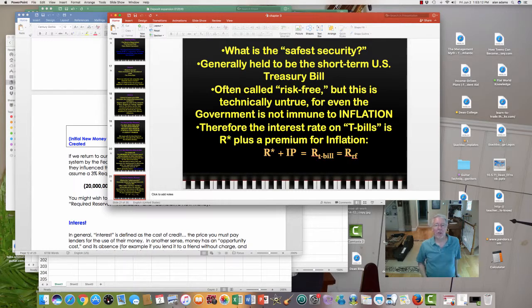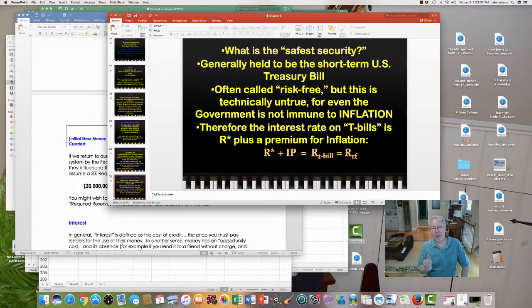Okay? Now let's get back to something I mentioned to you earlier, the short-term U.S. Treasury bill. In the world economy, that's considered to be just about the safest place you can have your money. The U.S. T-bill, it's a short-term obligation of the United States government. That means it's going to mature in less than 1 year. Now, people ordinarily call this the risk-free rate. It's not the real risk-free rate. Why?